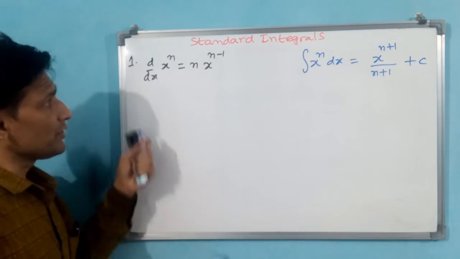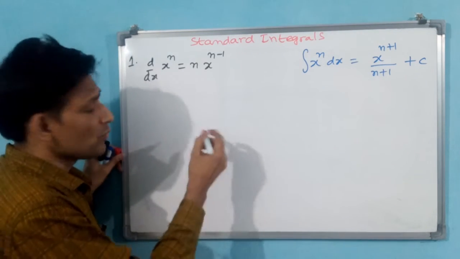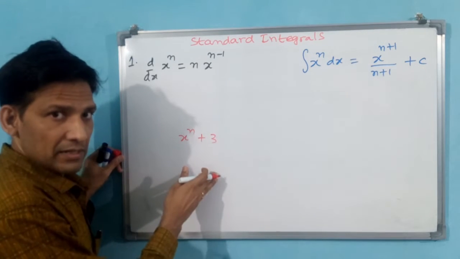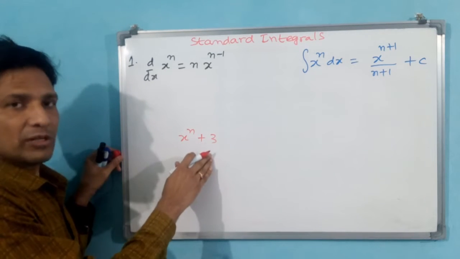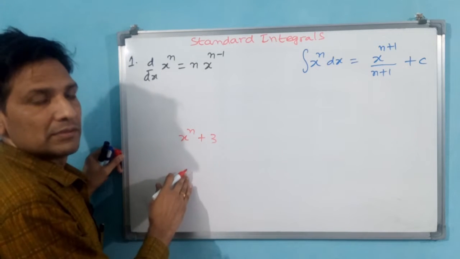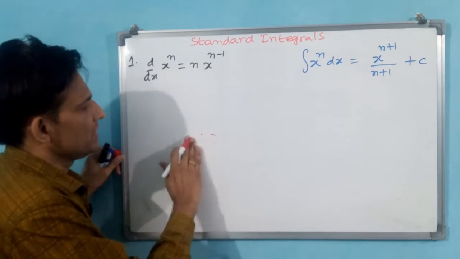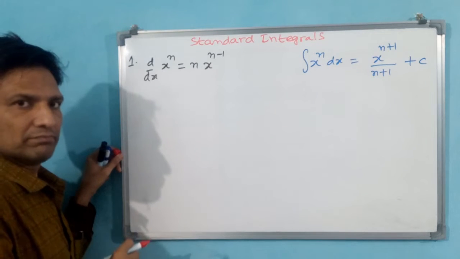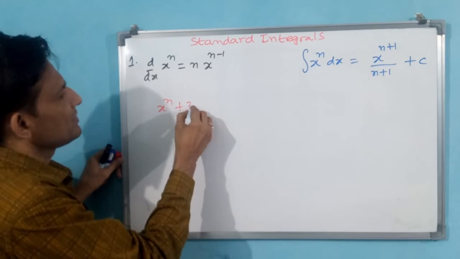Why? Because see, x power n has come, but you don't know whether it may be x power n plus 3 also. But this 3 has become 0 during differentiation. What I mean to say is, the final result has come, but here x power n plus 3 is there.